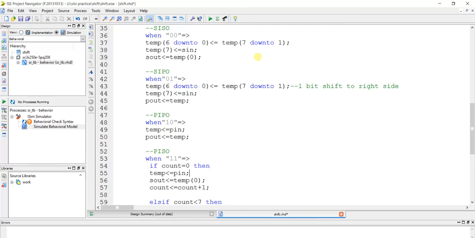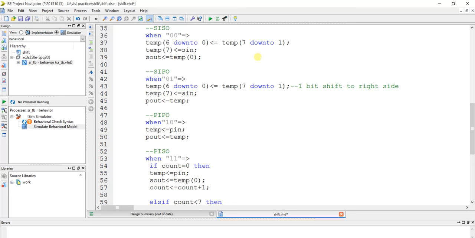If my count is 0, which will be the case after the first clock because I have initialized count with 0, then when the first clock appears my parallel input will be loaded into the temp variable. So I have loaded my data into temp, and my serial output will be the temp 0 position. As I have told you, the 0th position of temp will be my serial output.